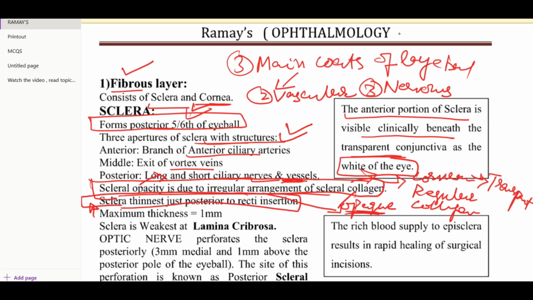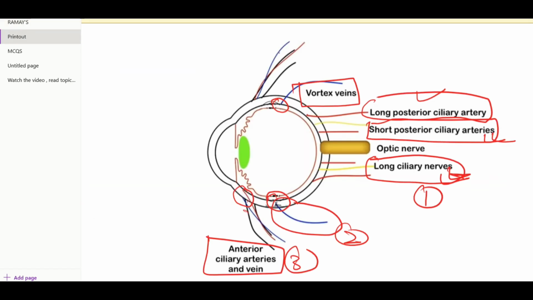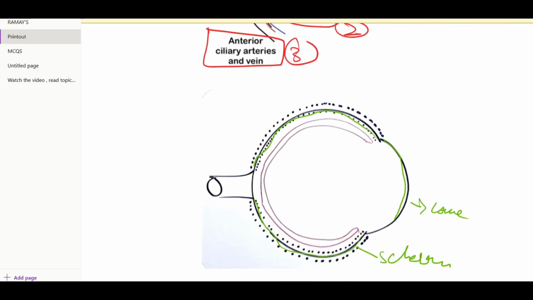Let's make it clear in the diagram. I have already told you that this hole is the sclera. Here the recti muscles are attached. Here the sclera is thin.